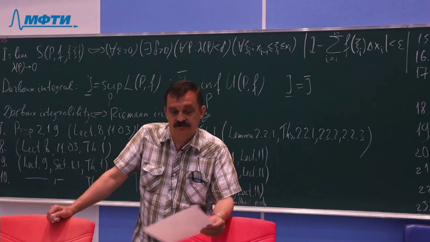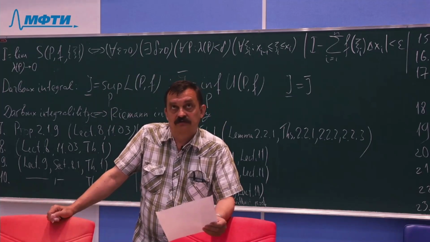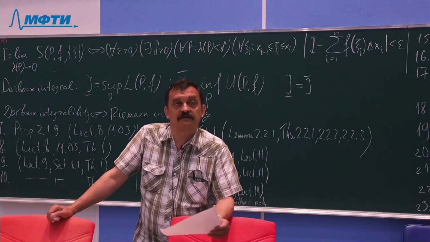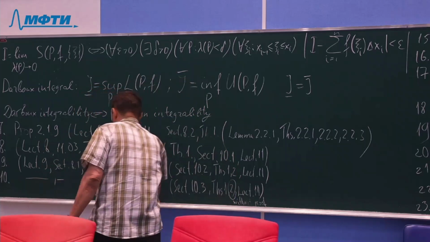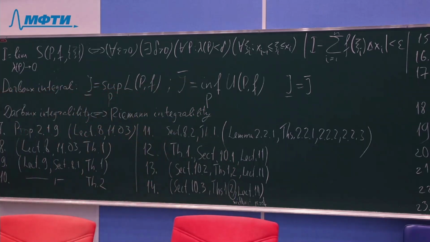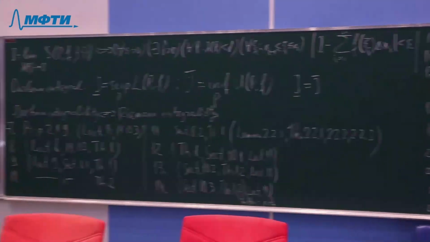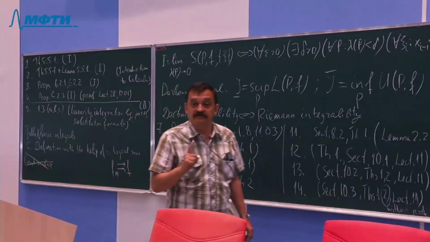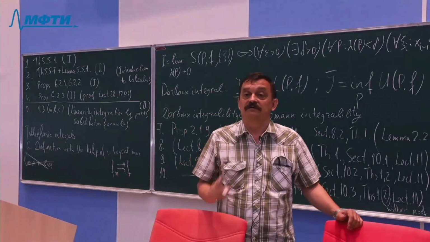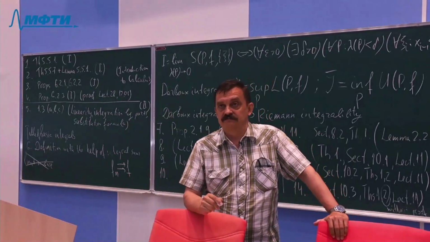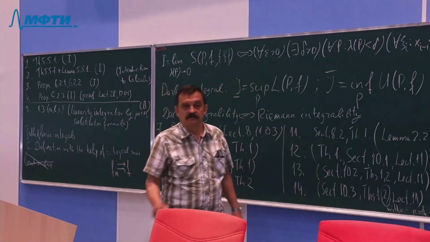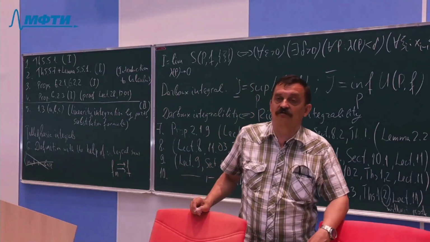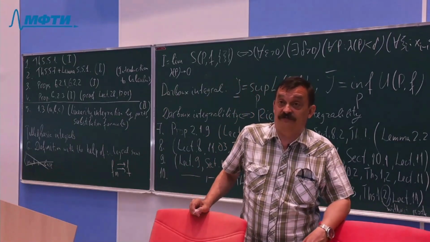In your lecture notes, the theorem sounds like if both Fn and F are Riemann integrable, then you may take integrals, and integrals of Fn converge to the integral of F, right?